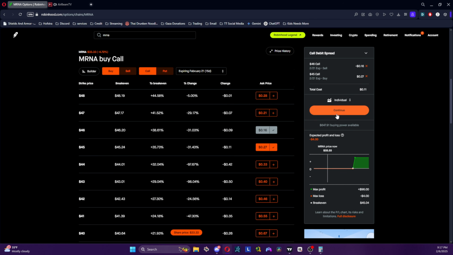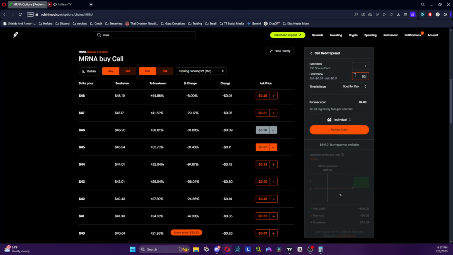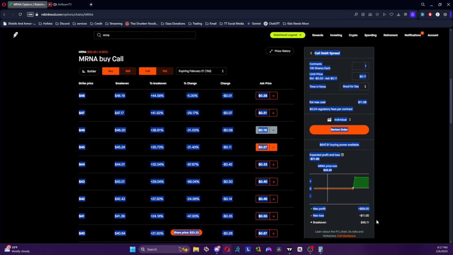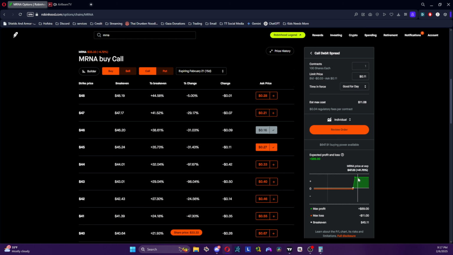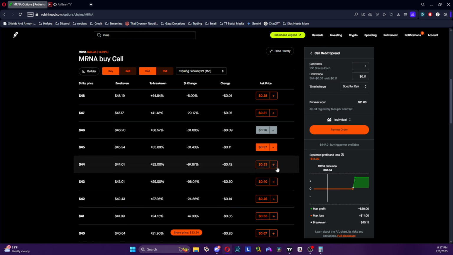And the cost for that is going to be 11 cents. So we're going to put 11 cents here. And then you will see you're risking $11 to make $90 by expiration. And you could see here, if it's before that, then you can make some profit, but not all profit. So that's just an example.